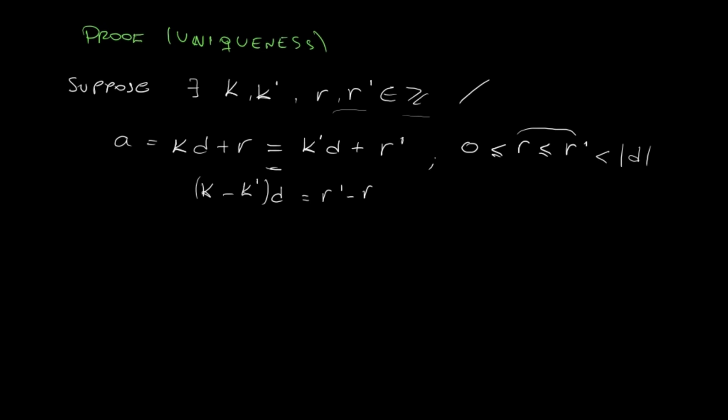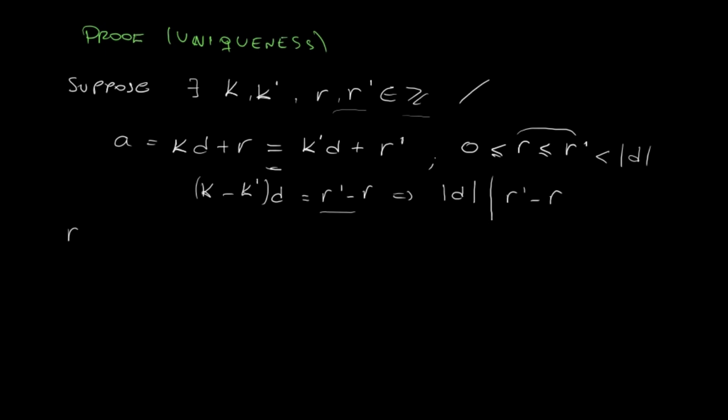Now this is very similar to one definition we've been working a lot with, and it's that the absolute value of t will divide r prime minus r, because it could be written as some integer times t equal to this.